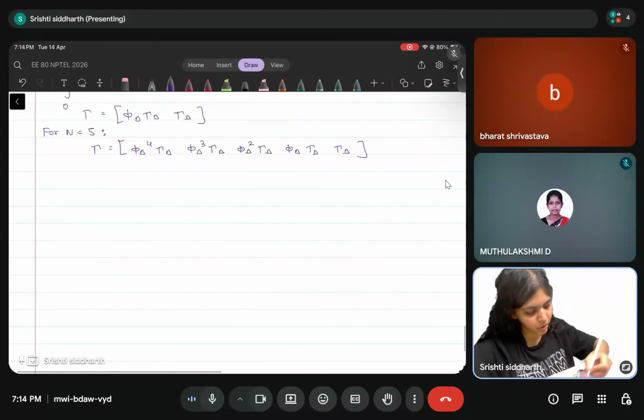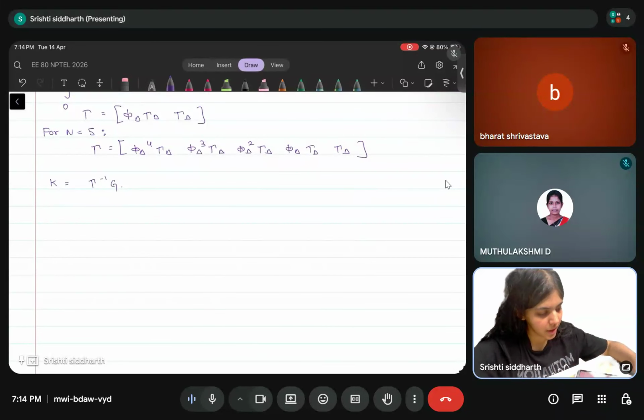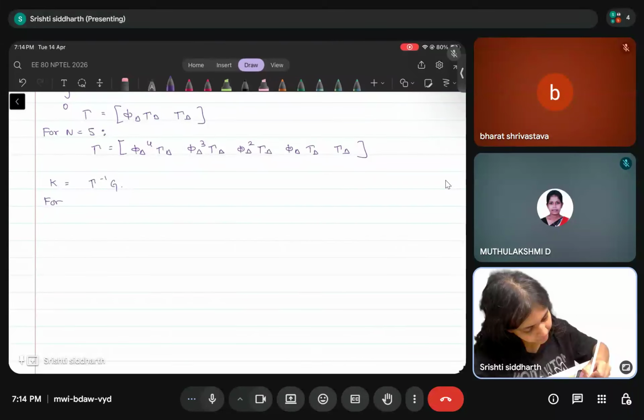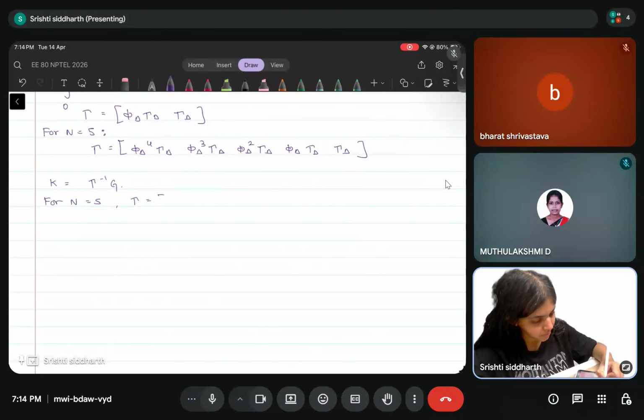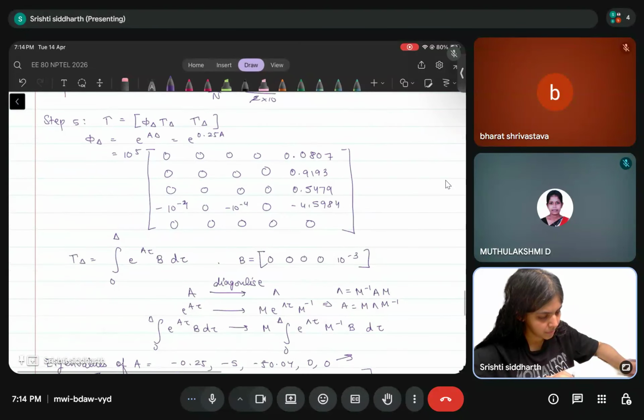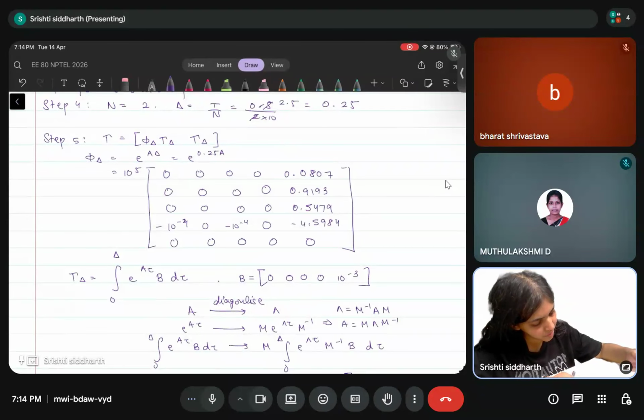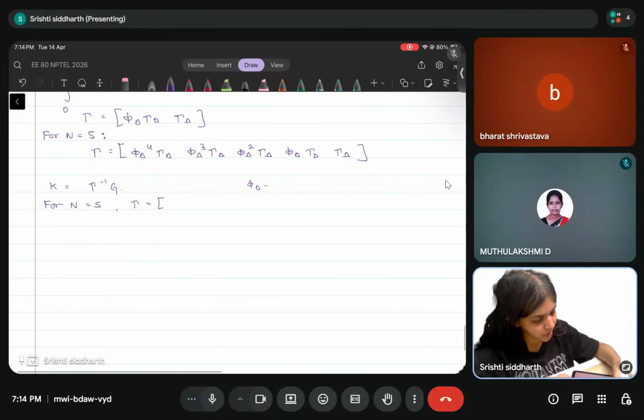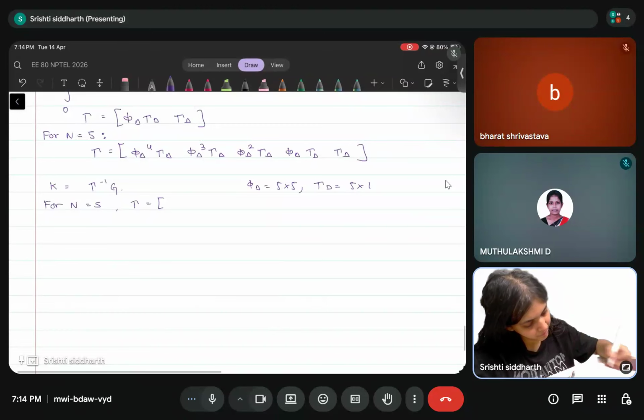And then similarly, we can find out K, right? So K is, once we have G, this is gamma inverse G. So let's see if we can compute gamma inverse. So for n equals 5, this is gamma, right? So let's compute the dimension of gamma. Phi delta is 5 by 5 and gamma delta is going to be 5 by 1.